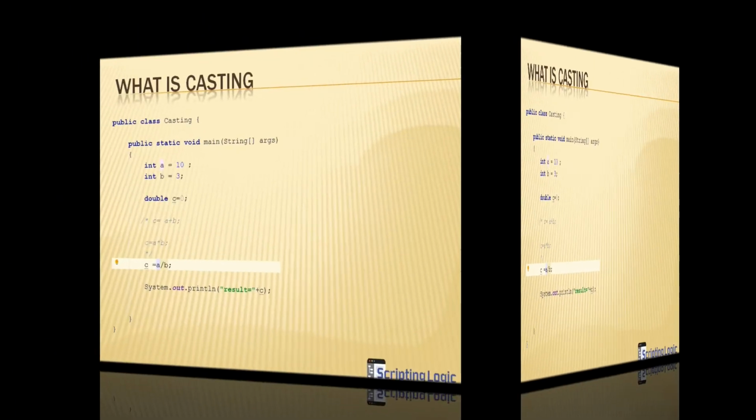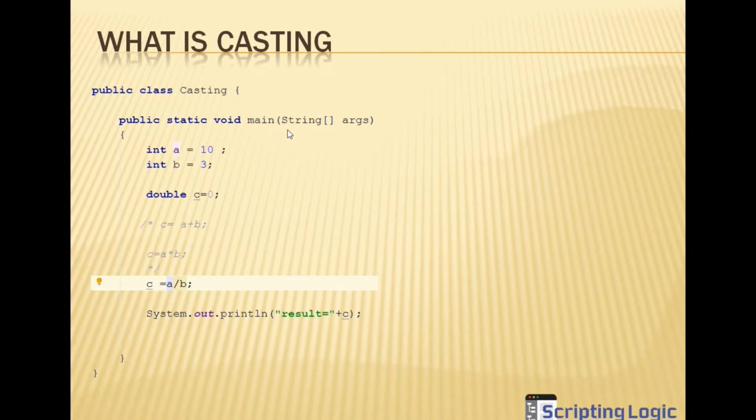Let me just see through it. This is an example wherein I have defined two integer variables a and b. a is equal to 10 and b is equal to 3. Then here I am trying to divide a by b, whose result has to be something in decimal, right? 10 by 3 means 3.33 something.